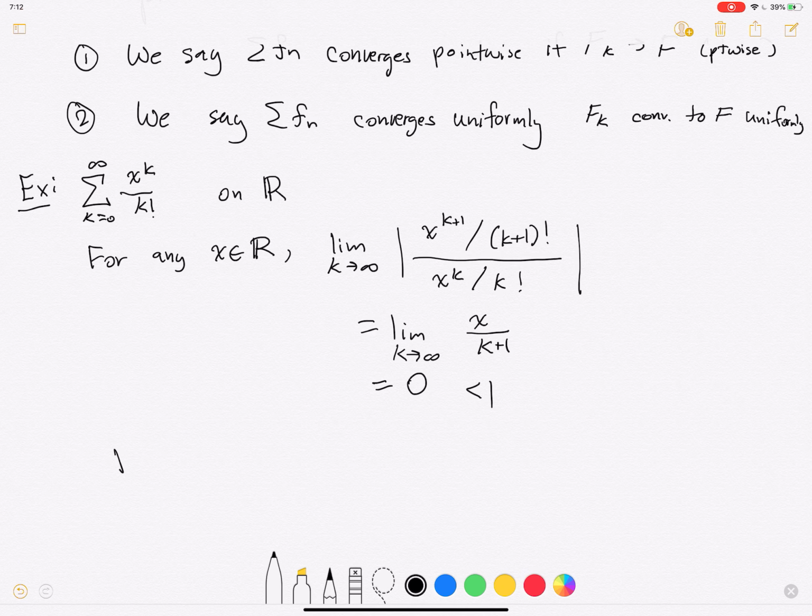So by the ratio test, this series converges pointwise.